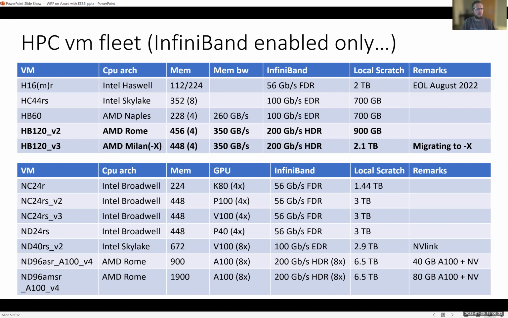Those are end of life at this moment, so there are not too many references to them. About six years ago, we started out with the H16 series, the Haswell series, that was already FDR enabled. A couple of years later, we added Skylake, and we also added the first AMD nodes to it.